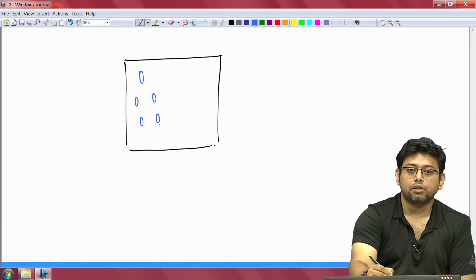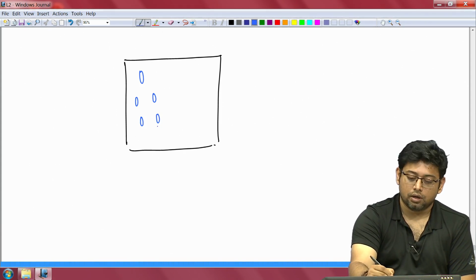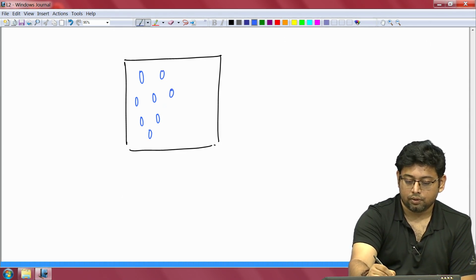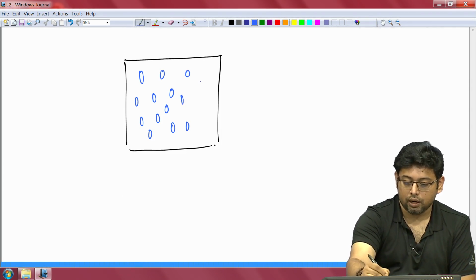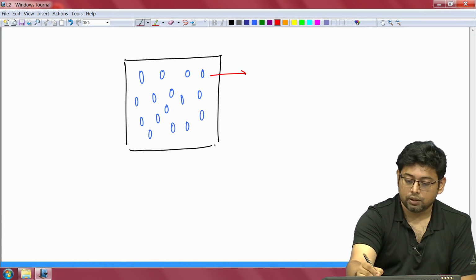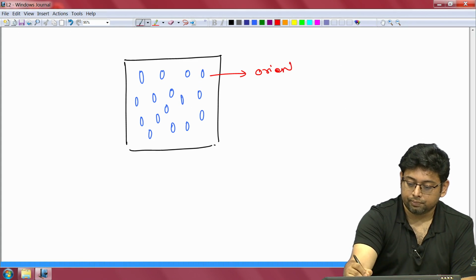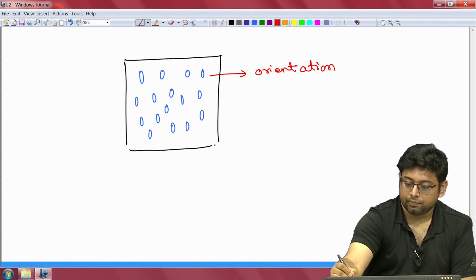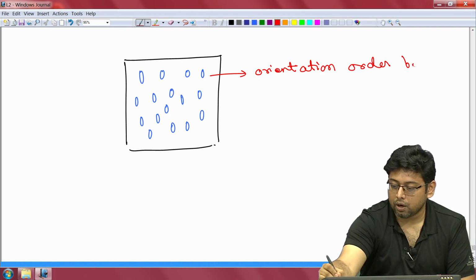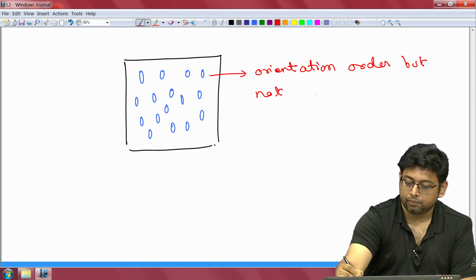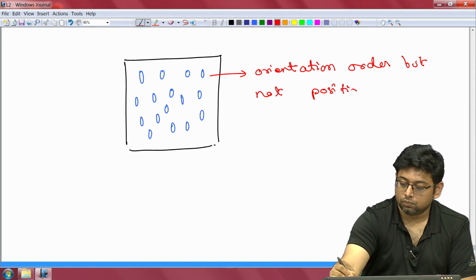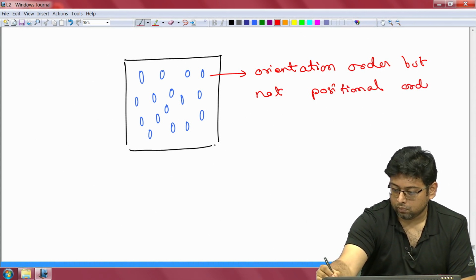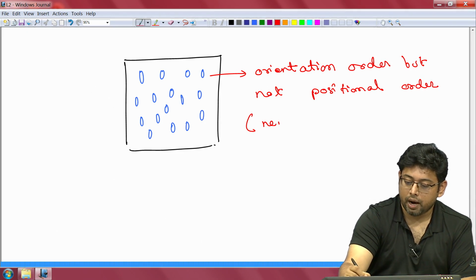So, let us say the ellipses are all pointed in a single direction, but they are not placed in any particular order; placement order is not there. So, this is a system which has orientational order but not positional order. So, this is what is also called a nematic.